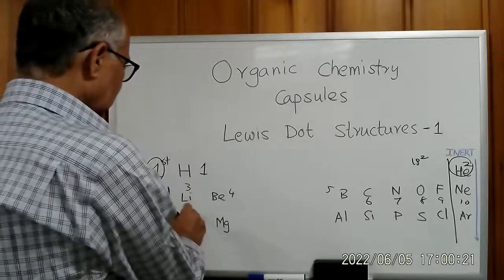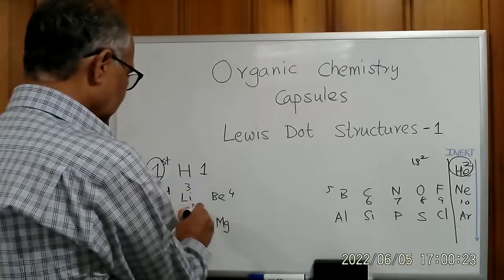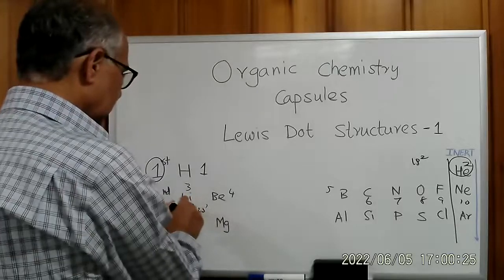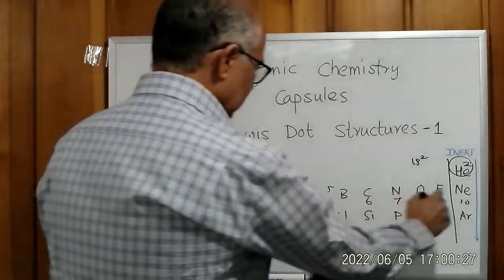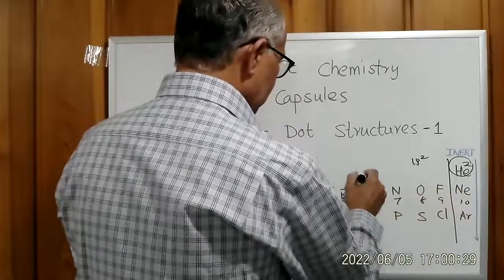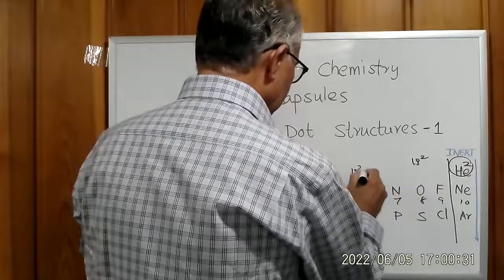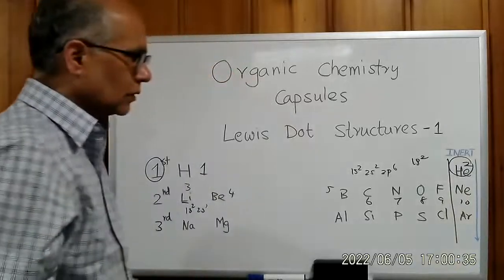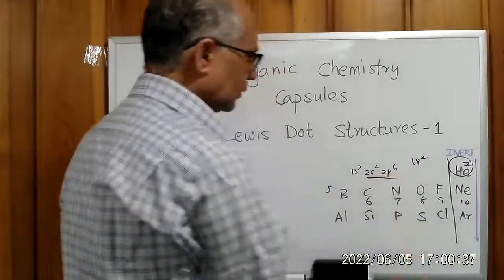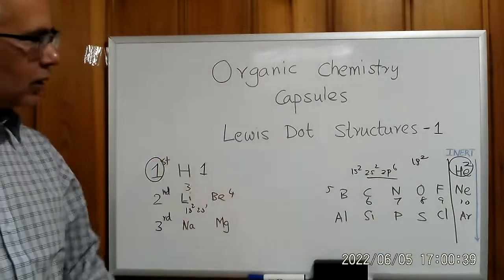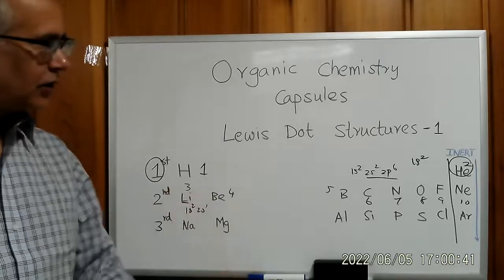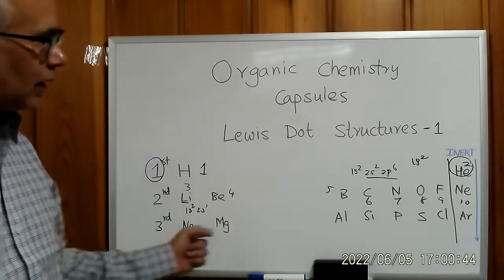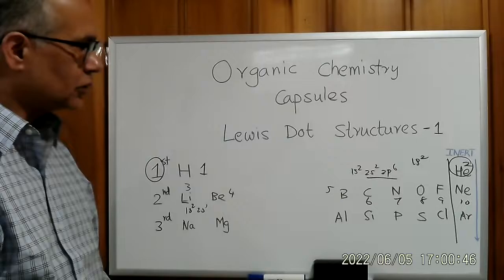Similarly, in the second shell the electronic configuration is 1s2, 2s1 for lithium. It goes like this and becomes 1s2, 2s2, 2p6 for neon. The shell is complete. So neon is happy. It does not need to react with something else, another element, to form a compound.